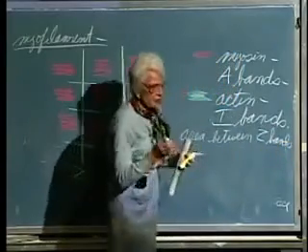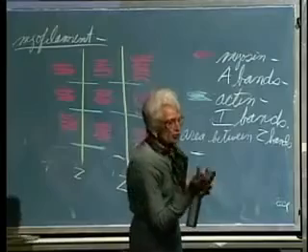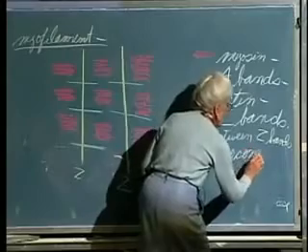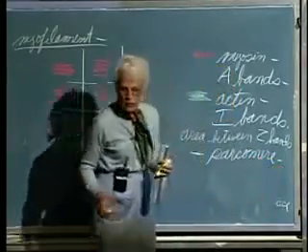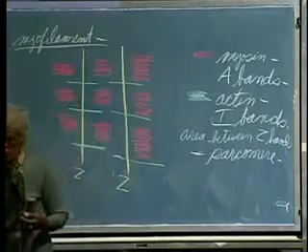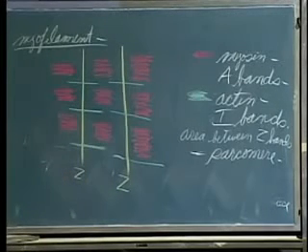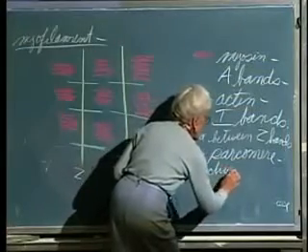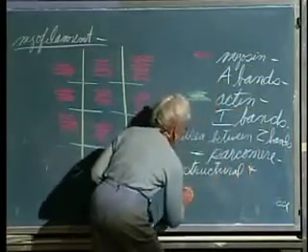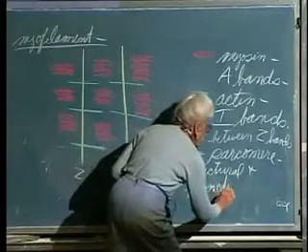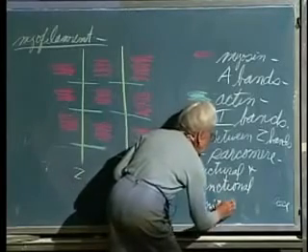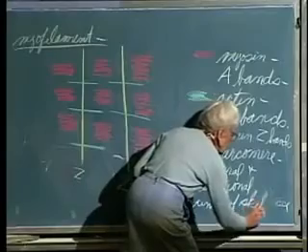That's called your, somebody said it over here a moment ago, sarcomere, right. So how are we going to define a sarcomere? A sarcomere is the structural and functional unit of skeletal muscle.